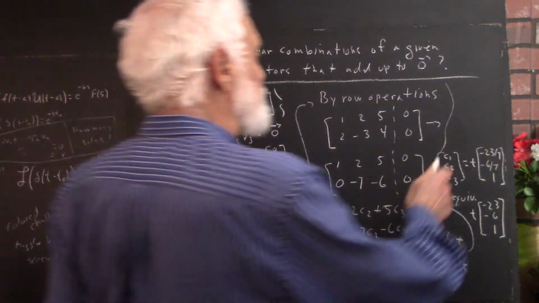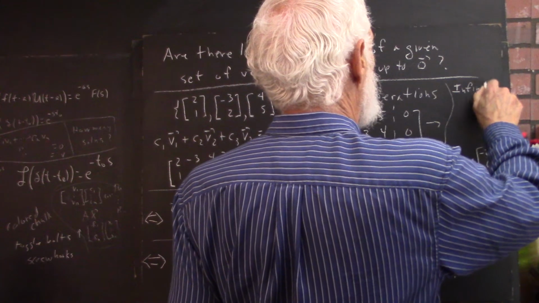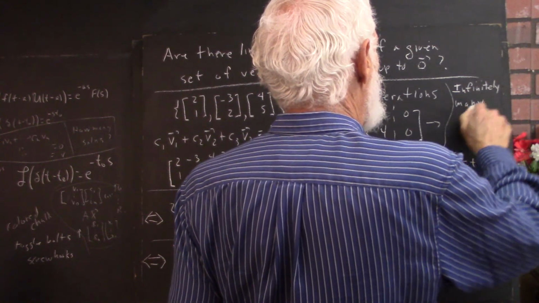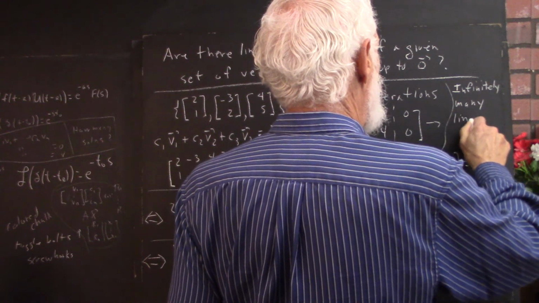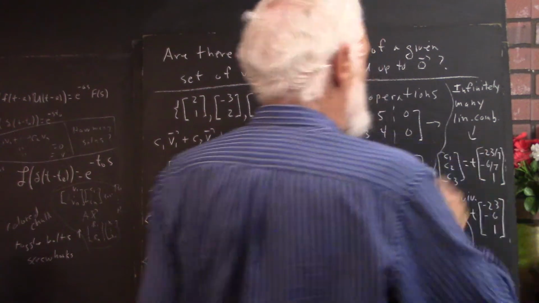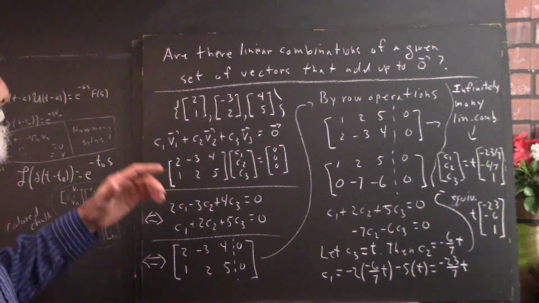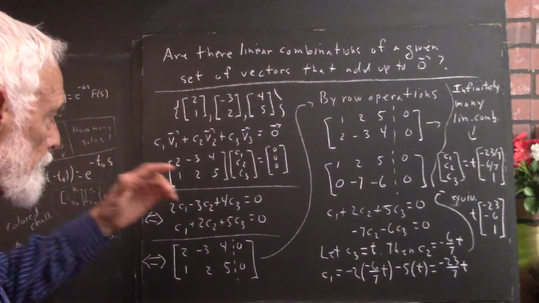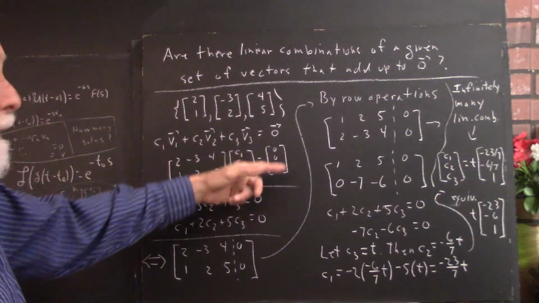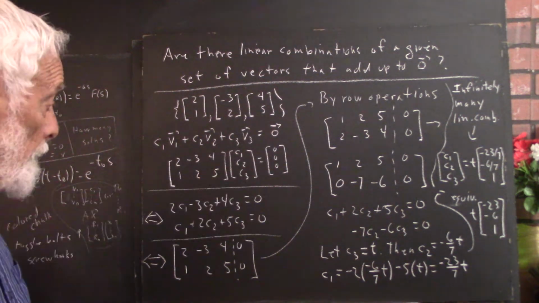So we have infinitely many linear combinations as indicated here. This system, or this equation, is called a homogeneous equation. We have just zeros over here.